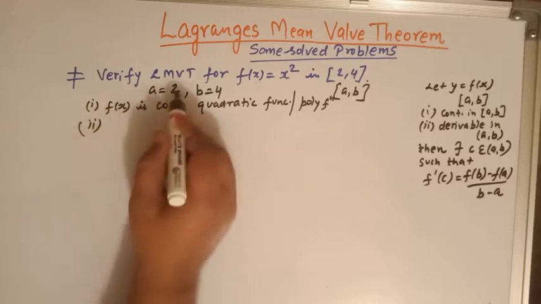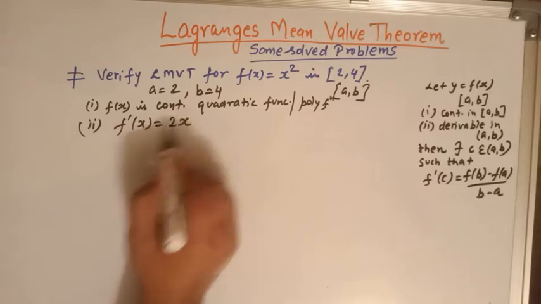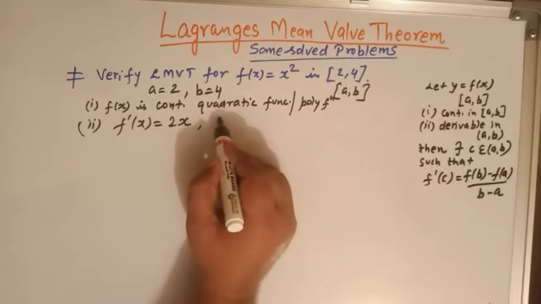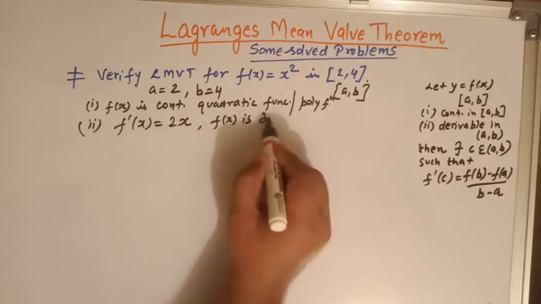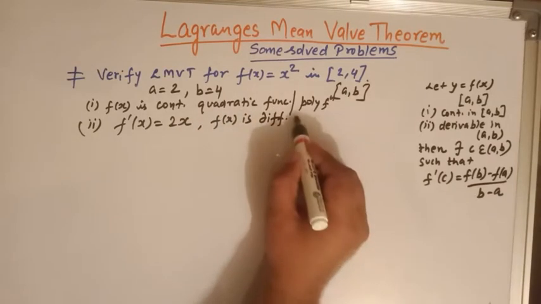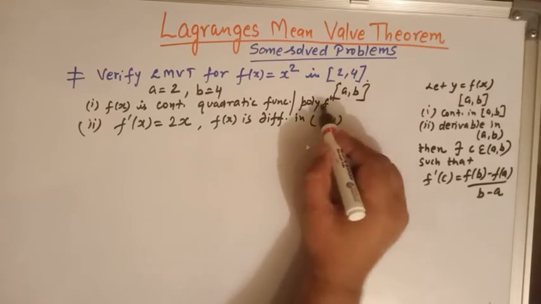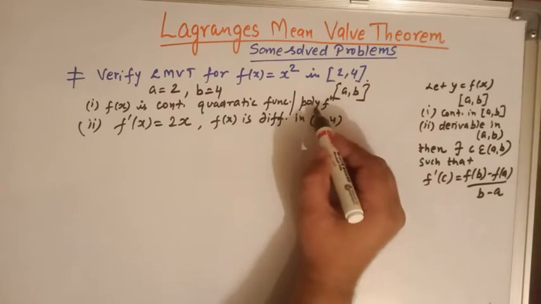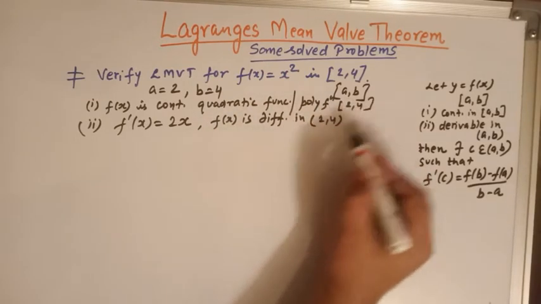Second is, if we differentiate it, we get 2x, and we see that f(x) is differentiable in (2, 4), and here f(x) is continuous in [2, 4]. Clear?